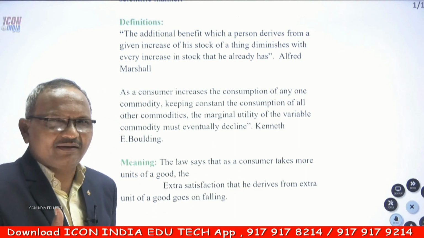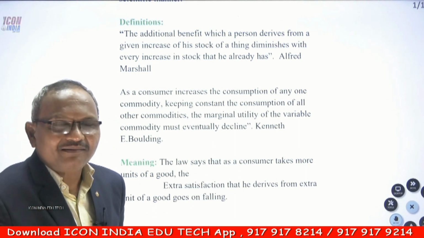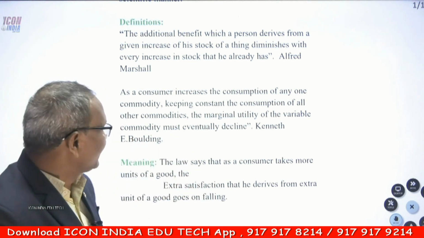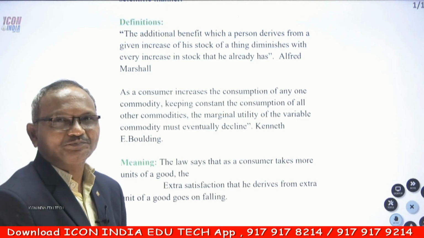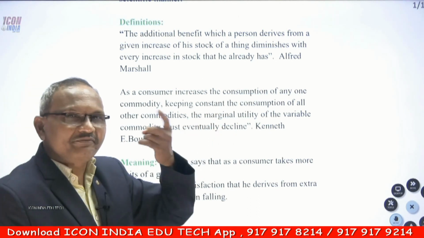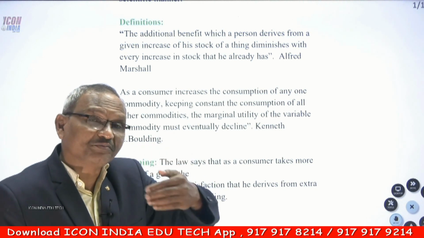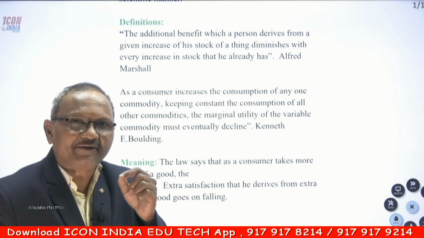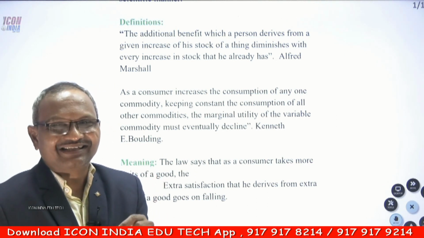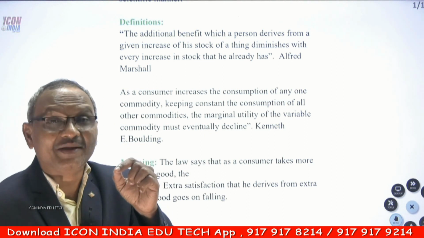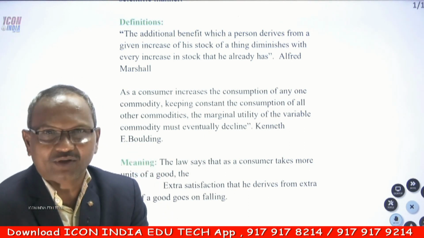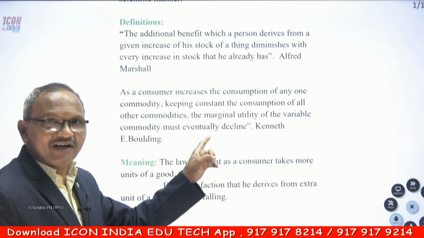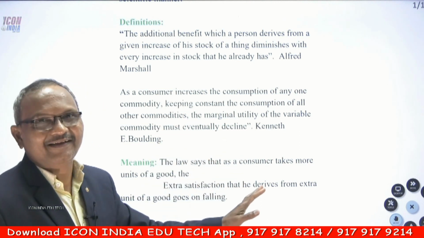So the wording is different, but the concept is the same in both the Marshall and Boulding definitions. When the units of consumption of any one commodity increase, marginal utility from additional units gradually diminishes. Okay? Eventually means gradually. You should not make any changes here either; write it as it is.